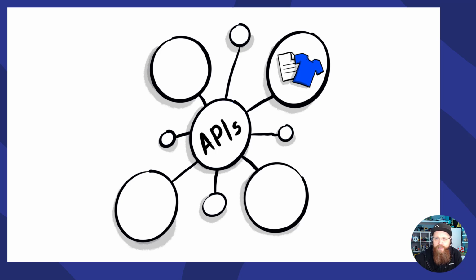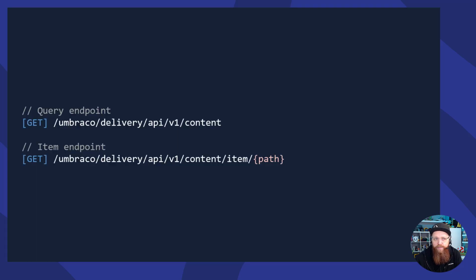So the first one is the content APIs, and if you don't know Umbraco Commerce, then a key thing about Umbraco Commerce is that the product data is actually just Umbraco nodes. What this means from an API perspective is we can use the CMS's own content delivery API to access our product data, and that's exactly what we do.